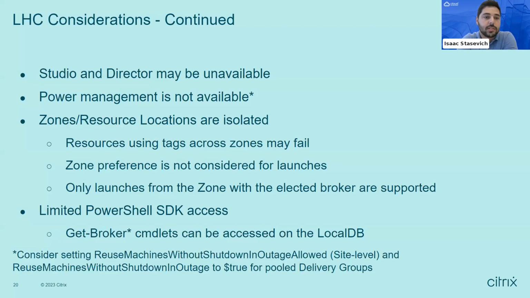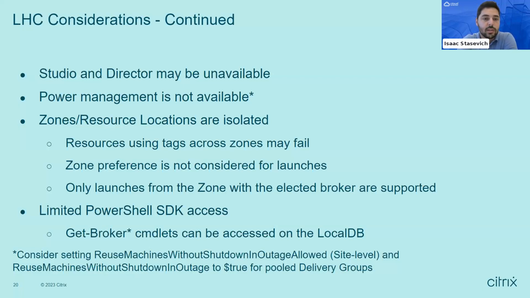Another big one here is that zones and resources are isolated. Each controller is going to have its own cached copy of the localhost cache database. And once localhost cache kicks in, every zone or resource location is going to operate as its own independent site.